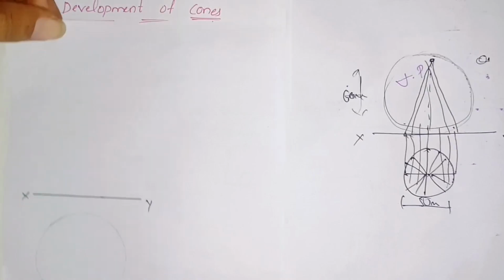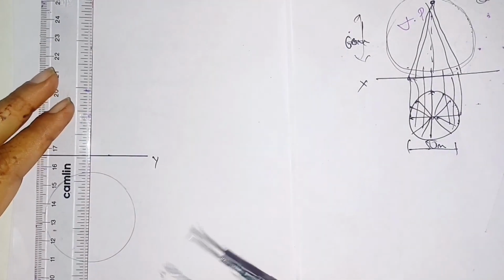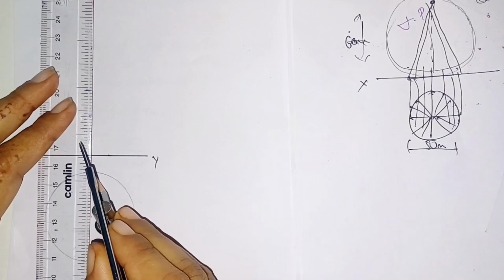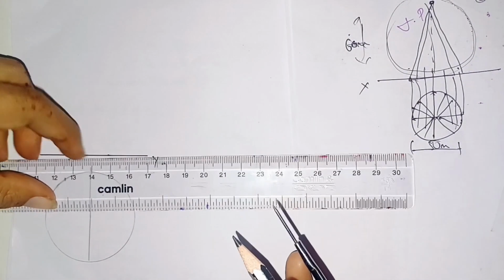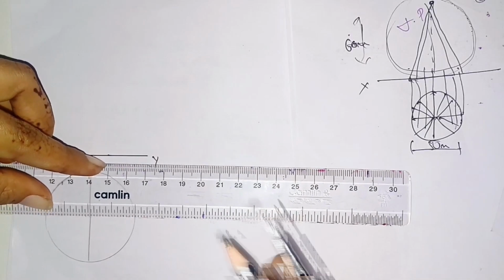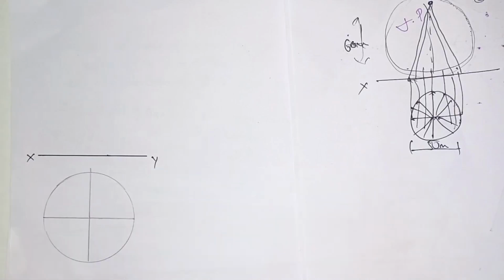Then you have to draw a horizontal line and a vertical line, joining directly. Then you get 4 equal parts, but you have to divide this circle into 12 equal parts.